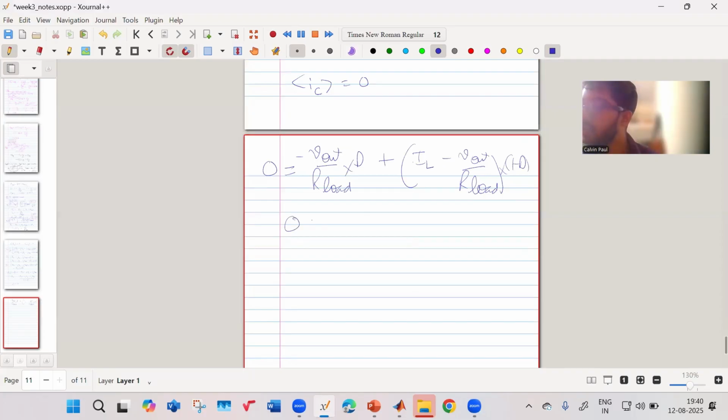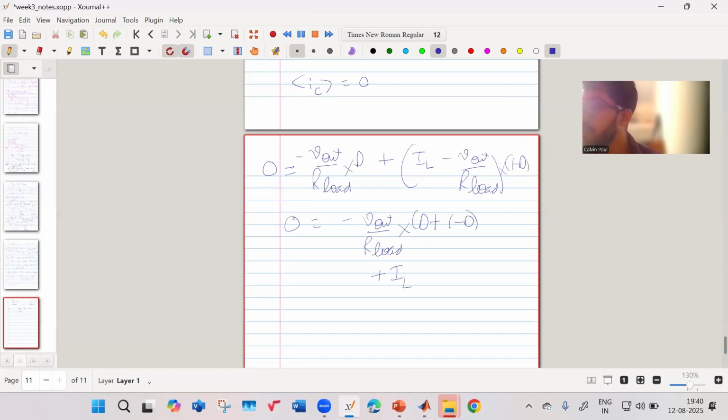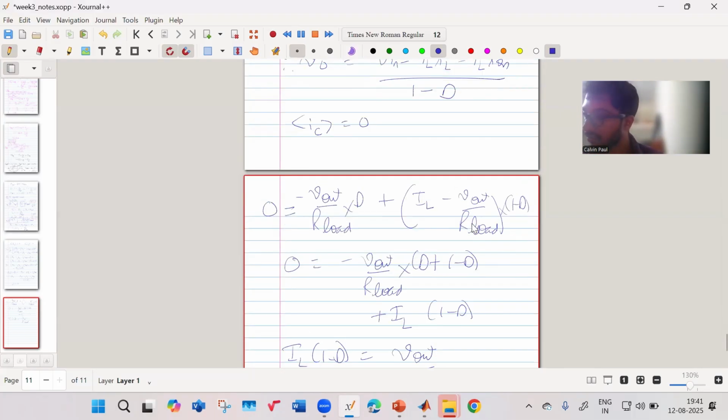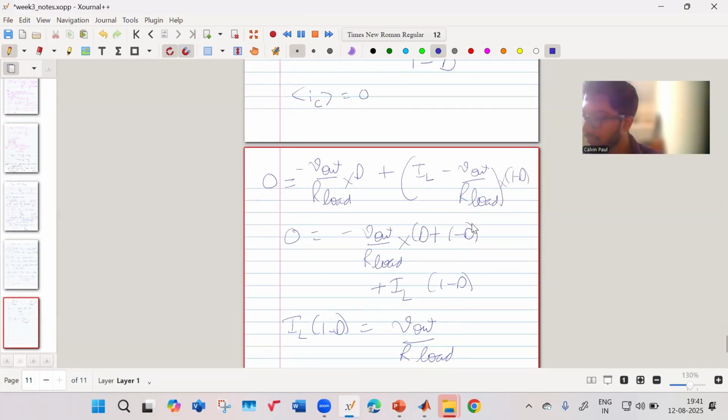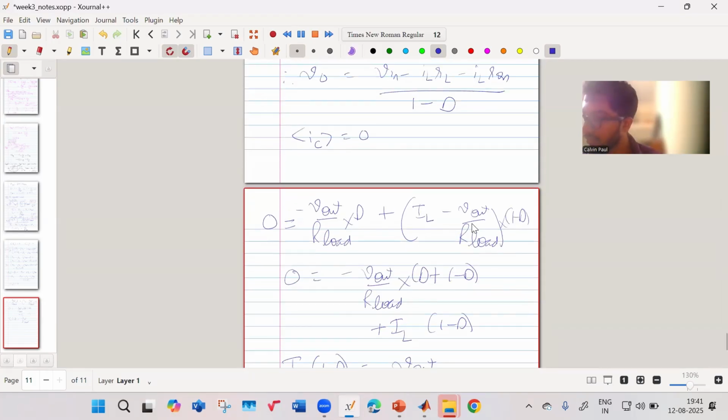So 0 is equal to minus V output by R load into (D plus 1 minus D), plus IL into (1 minus D). That's why IL into (1 minus D) is equal to V output upon R load. This is the expression.